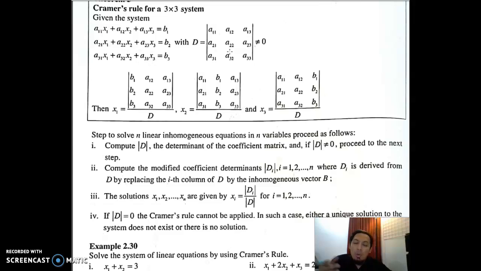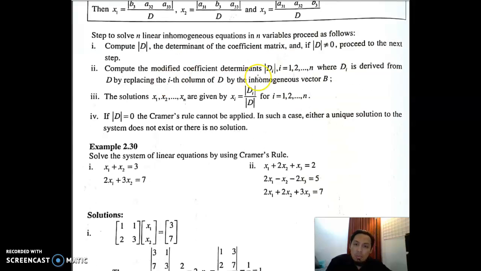They divide the modified determinant by the original determinant, and the modified determinant is the one where the elements are changed based on the x that we want to look at. So that is the way to conduct Cramer's rule.